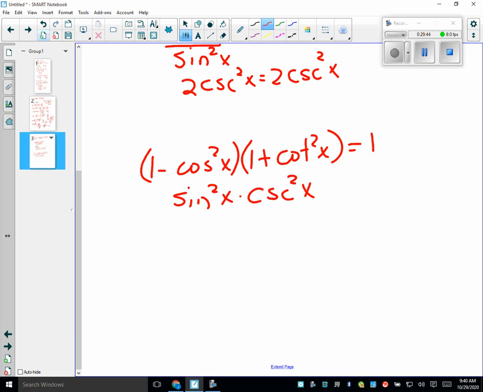Incidentally, if you hadn't seen that and you'd have foiled it out and changed the sine and cosine, you would get the right answer. What's sine squared times cosecant squared? That is 1 over sine squared x. Is this sine squared times 1 over sine squared? So you just cancel those. Yeah. 1 equals 1? Yep.